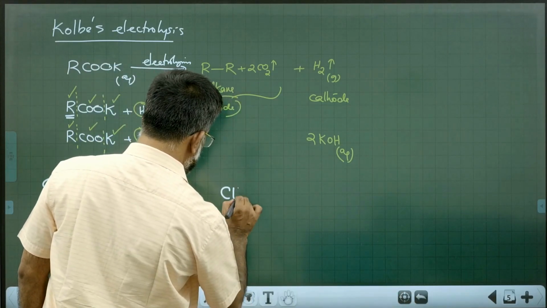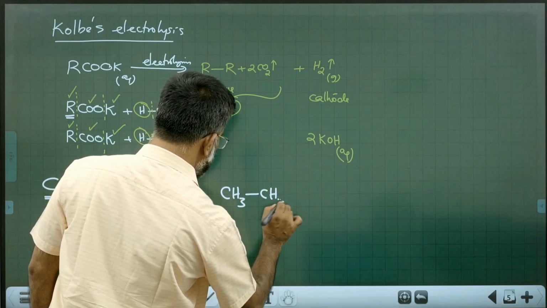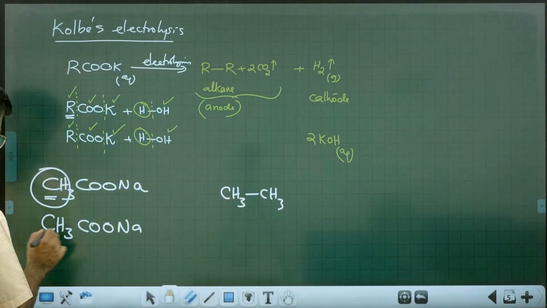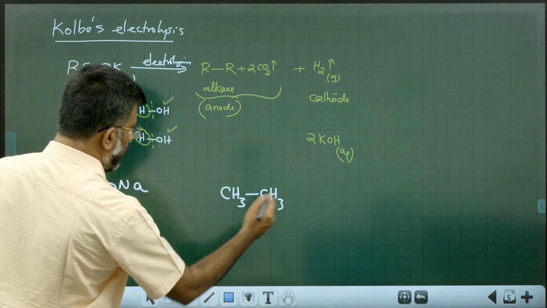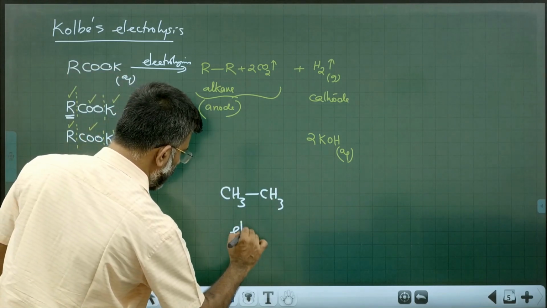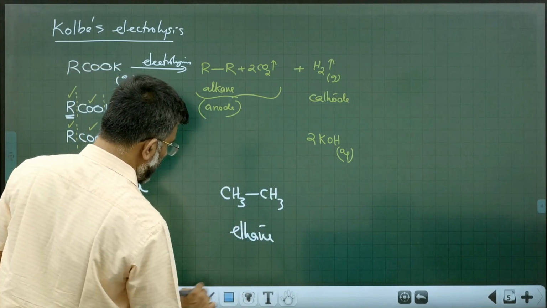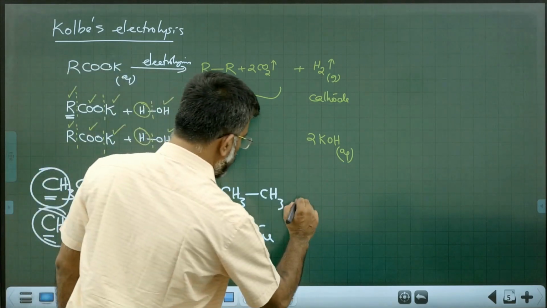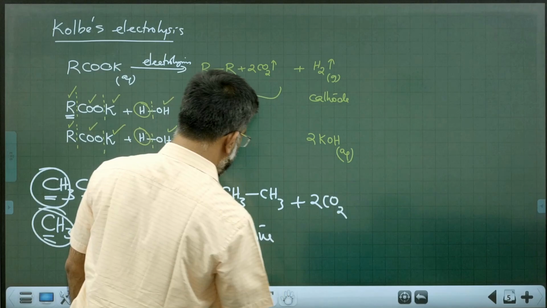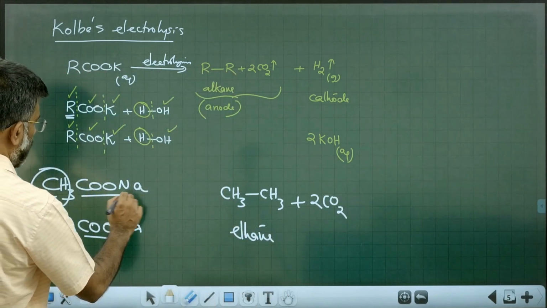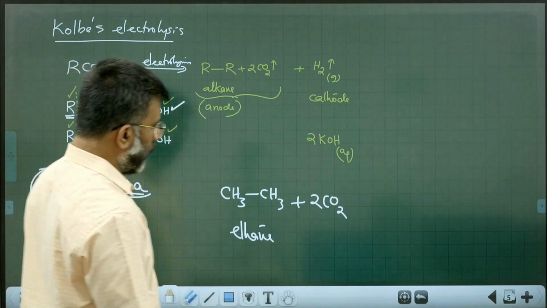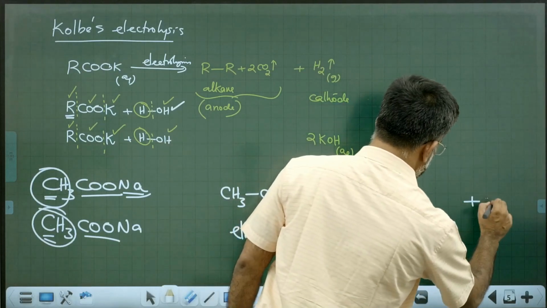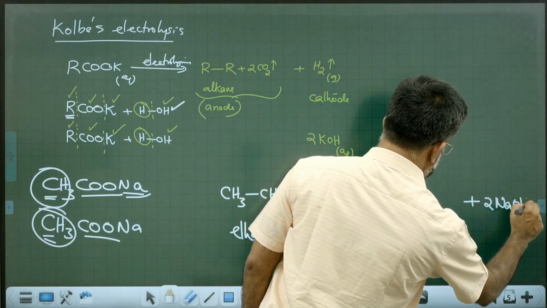Here this CH3 with this CH3 you get RR. This is product number 1, ethane. We get it at anode. Carbon dioxide, 2 mole carbon dioxide at anode. And 2 NaOH in the solution.